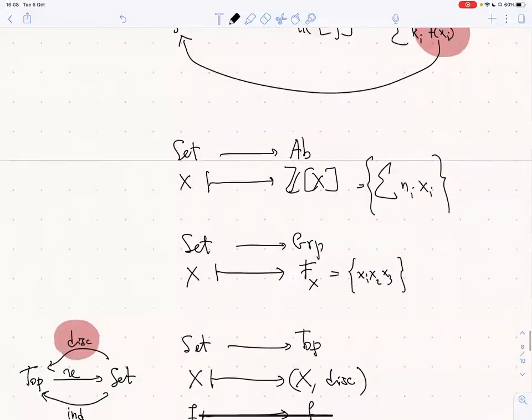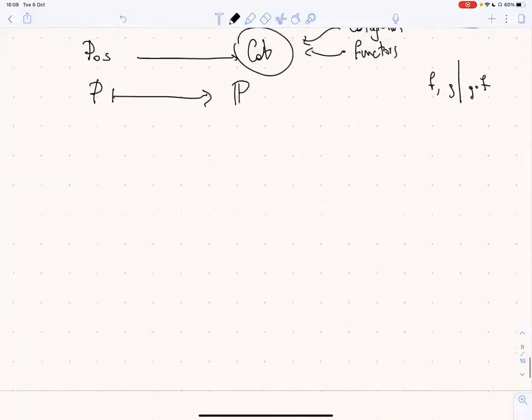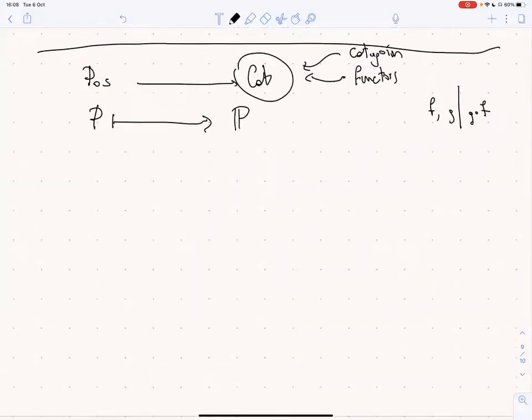So let's discuss it a little bit. We send P to P, and again, the objects are elements of P, and so P A B is 1 if A is less than B, otherwise it is 0.